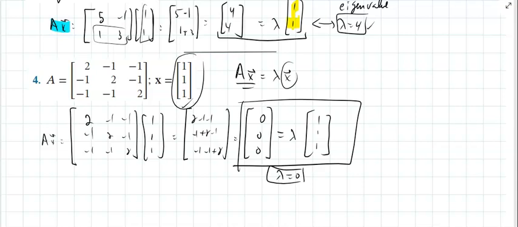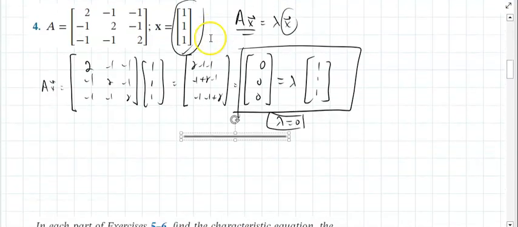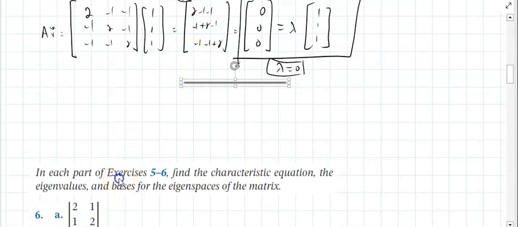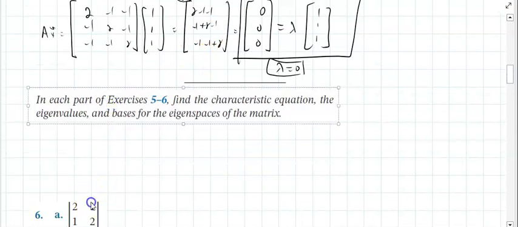So lambda equals 0 is the eigenvalue, and x equal 1, 1, 1 is the eigenvector corresponding to lambda equals 0 for matrix A. Again, pretty soon they're going to give you A and they're going to say, find the eigenvalue and eigenvector. Find me a vector so that when I multiply this matrix A by this vector, I'll get lambda, which is a constant, times that vector. So you're going to find both.